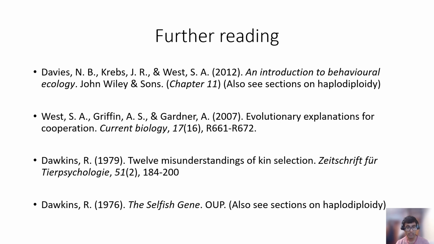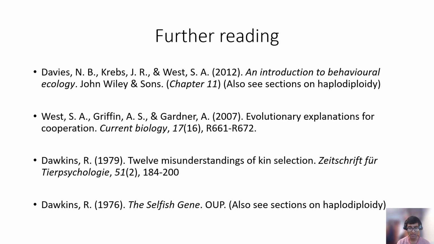West, Griffin and Gardner's paper in Current Biology that I mentioned on the previous slide is very lovely in going through kin selection and other explanations for cooperation. I also mentioned Dawkins's 12 Misunderstandings of Kin Selection, definitely worth a read and quite nicely and easily written. And Dawkins' The Selfish Gene, which I'm sure many of you will have heard of, is a really good primer for evolutionary biology and game theory, leading on to things like behavioral ecology.